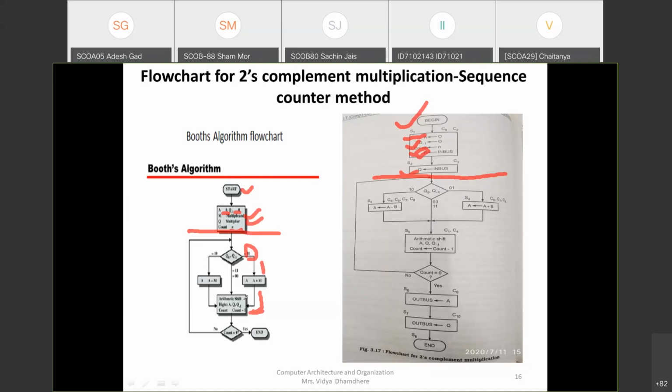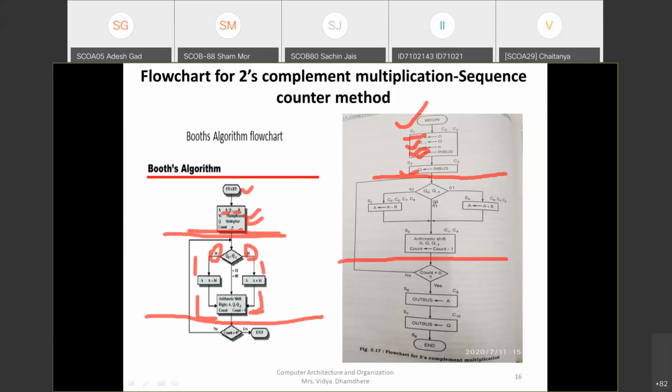If not, that means Q0 and Q minus 1 have value 1, 0. That time we perform the subtraction operation, A equals A minus M, and then the arithmetic right shift of registers A, Q and Q minus 1, and then decrement the counter. These operations involved in the second phase of Booth's multiplication are represented here.